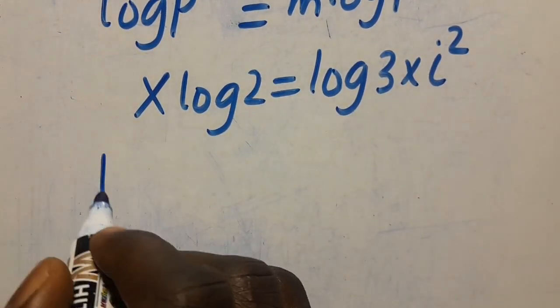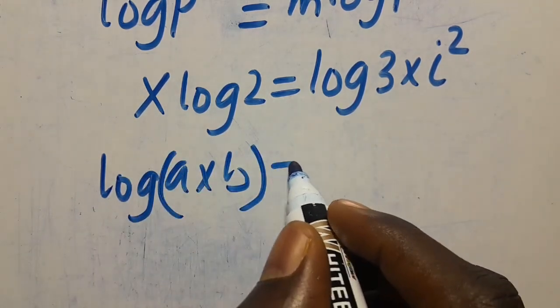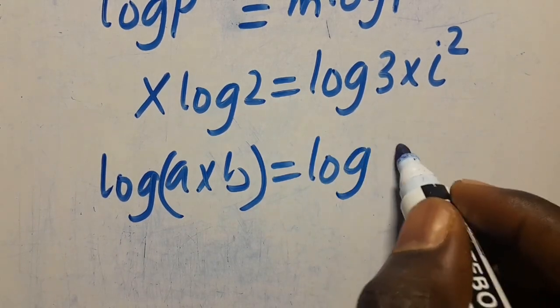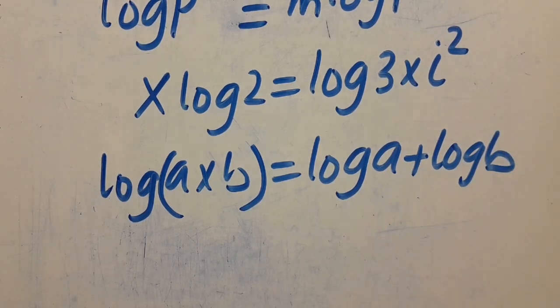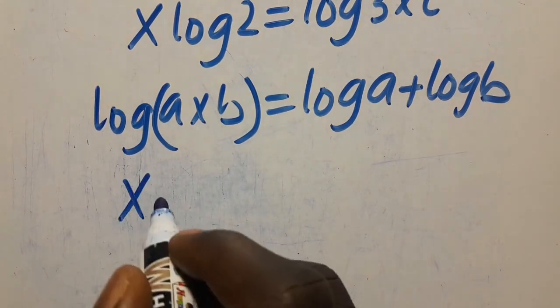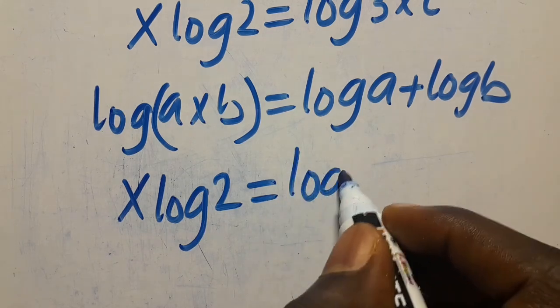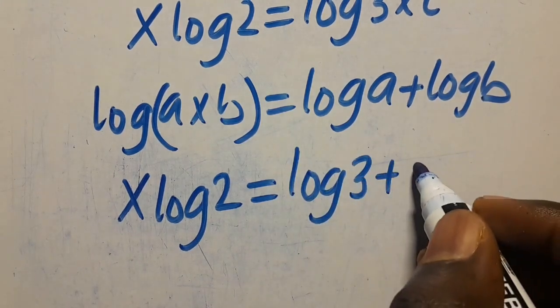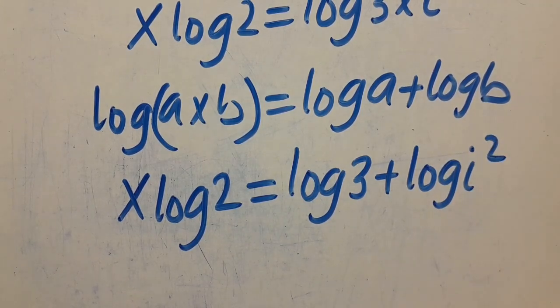Then let us also recall that when you have log of a times b, this equals log a plus log b. So let's apply this here. We are going to have x multiplied by log 2 equals log 3 plus log i to the power of 2.